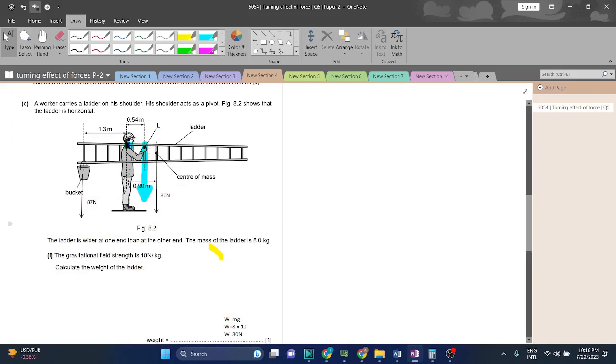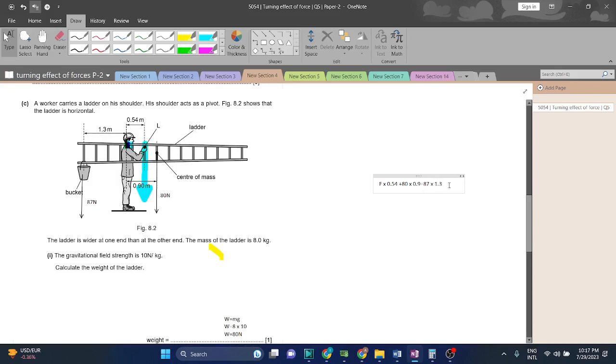Clockwise will be the force L into this distance. Force L, which we have yet to find out, into 0.54, plus this moment, 80 into 0.9, which is the perpendicular distance, is equal to the anti-clockwise moment. Anti-clockwise will be 87 into the perpendicular distance, which is 1.3.